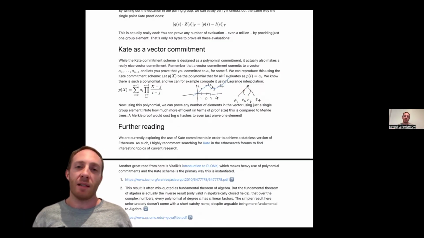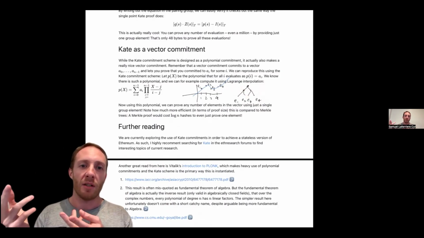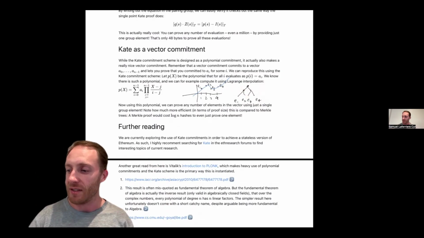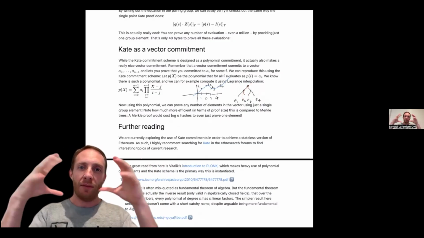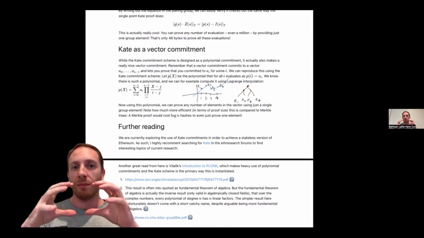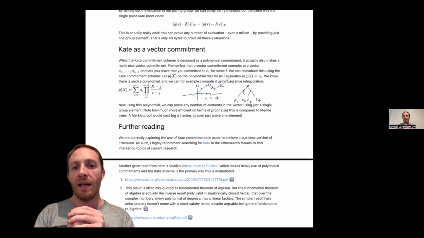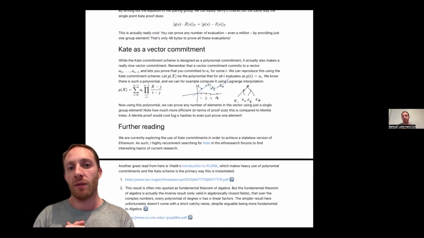Of course, the time is longer because verifying, computing two pairings and some group operations is always going to be longer than just hashing up the tree. So that's the trade-off you're making. Ultimately, you have even more succinctness of your proofs and commitments, at the cost of a little bit of extra verification time and prover time.